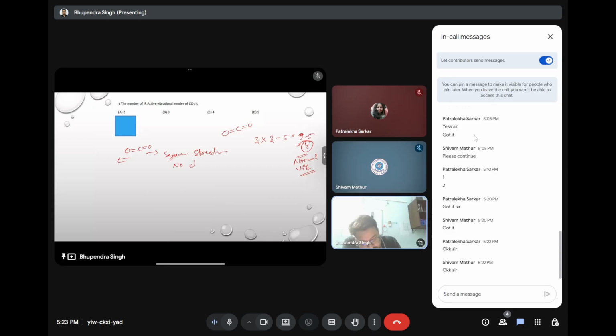So no change in the dipole. If there is no change in the dipole, this is IR inactive.